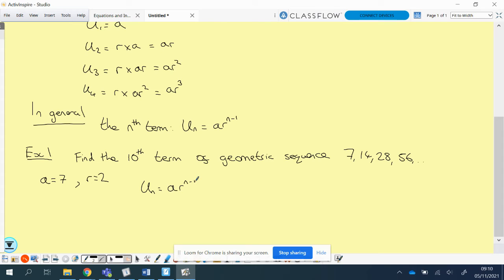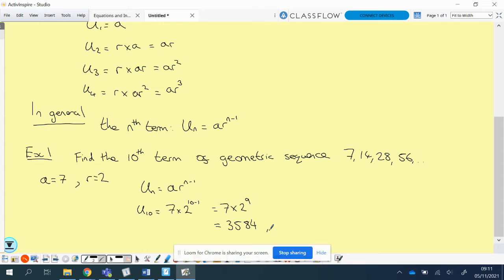For U10, A is 7 multiplied by 2 to the power 10 minus 1, which becomes 7 times 2 to the power 9, which gives 3,584. We didn't have to go any further up the sequence.